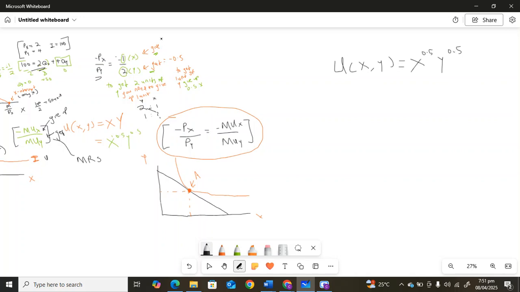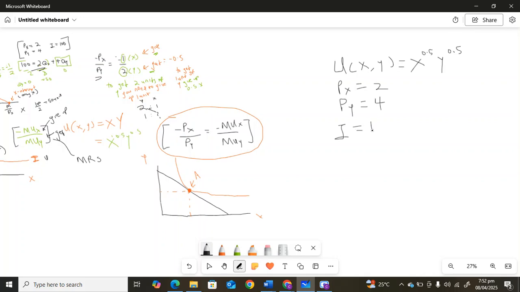Let's use the same information here. The price of good X is still maintained at 2 kwacha. The price of good Y is 4 kwacha. And your income is 100 kwacha.